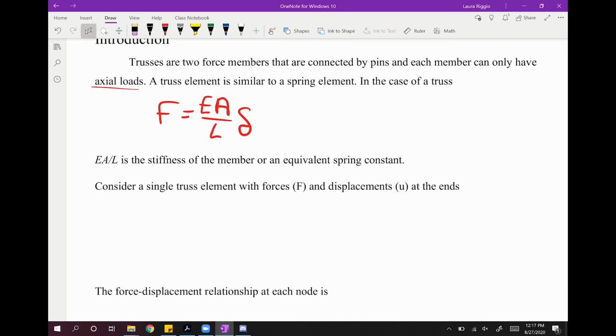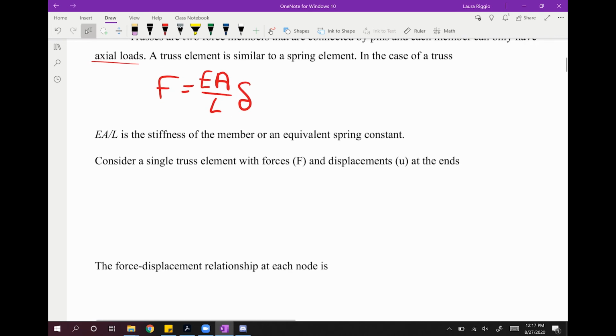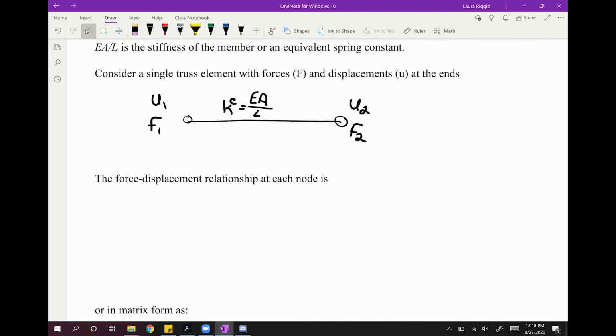Again, we can think of EA over L as an equivalent spring constant. So if I consider a single truss element, I have my displacement and force at each end. I have my stiffness, which is EA over L, and I have my displacement and force at the other end. Now, just like for springs, we can write our force displacement relationship at each node.